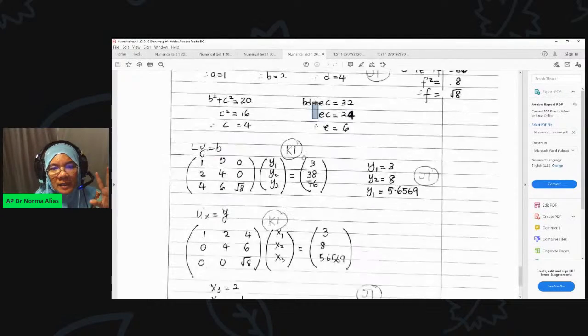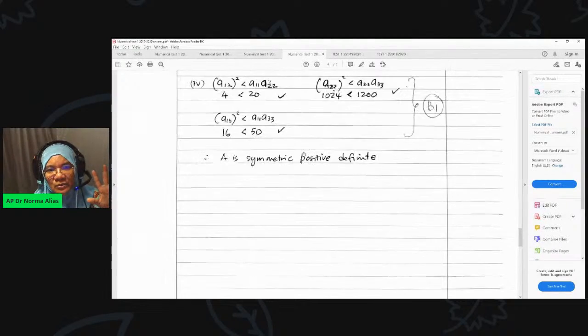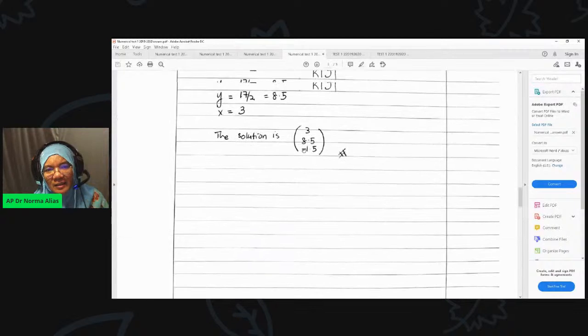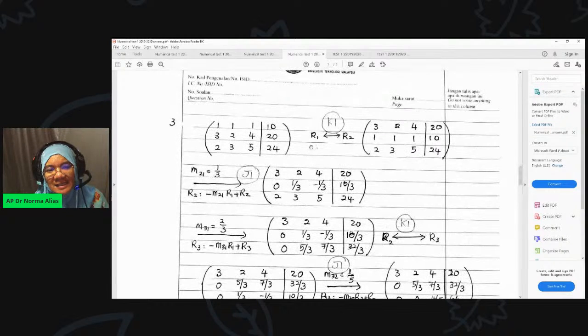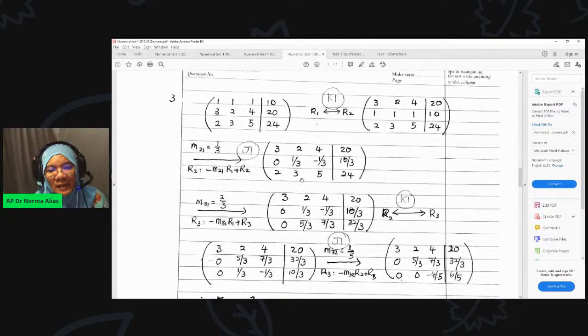So make sure that you go through this step. The first is, you need to change the row, because you want to make sure that A11 is greater, so you change row 1 and row 2. And then you make 0 for A21, so you need to use an elementary row operation, rearrange row 2.